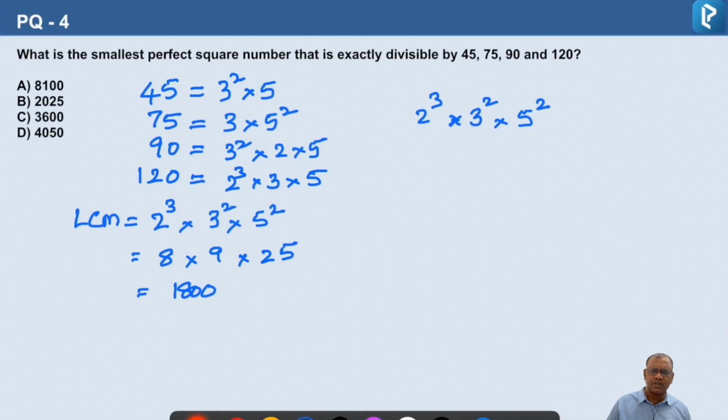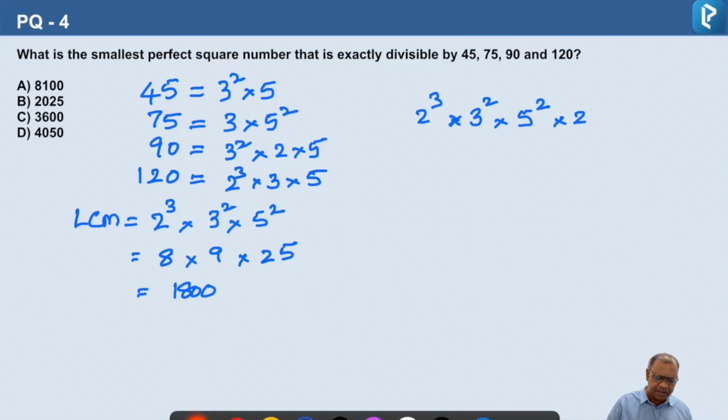Whereas the power of 2 is 3, which is an odd number. So the powers of all the numbers must be even, then only it becomes a perfect square. So to make the number a perfect square, the power of 2 should become even. So it should be multiplied by 1 more 2.